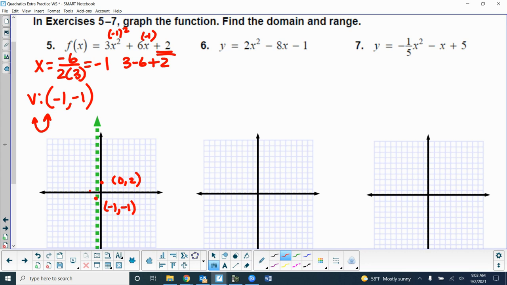Yeah, -2, 2, right? Right there. I'm 1 to the right, so I go 1 to the left. So this is kind of a skinny parabola right there. Questions?